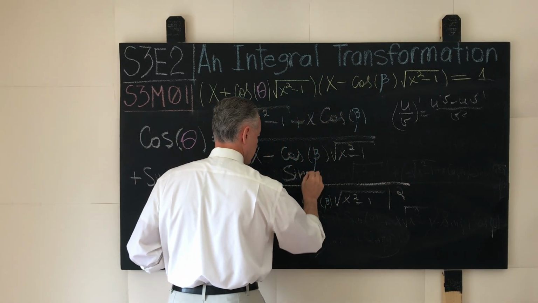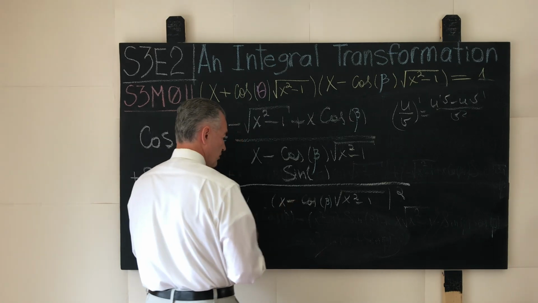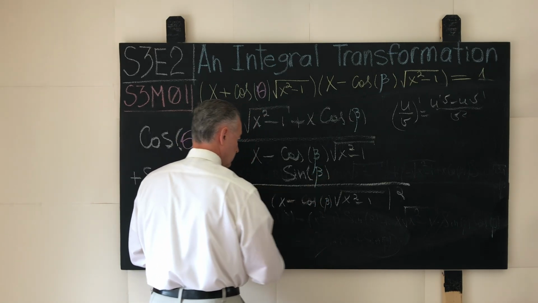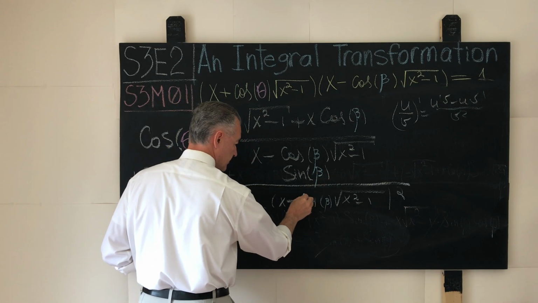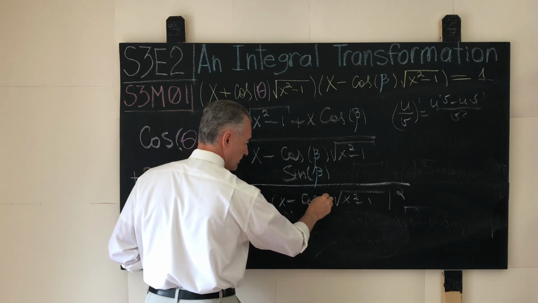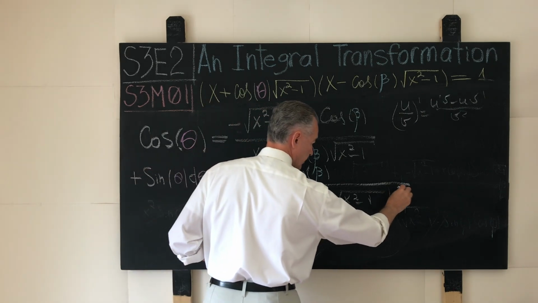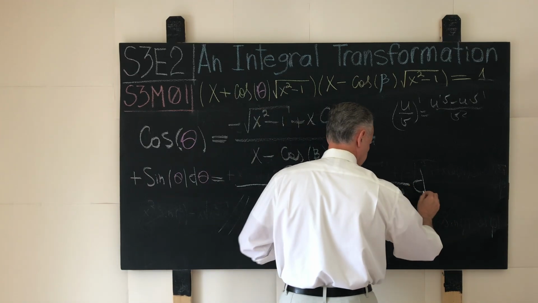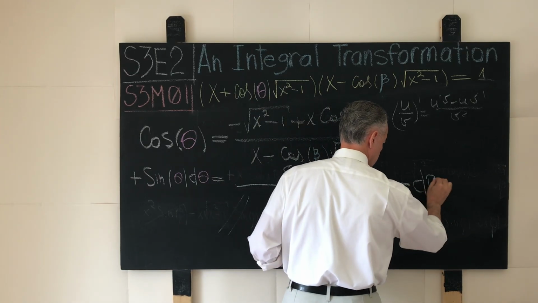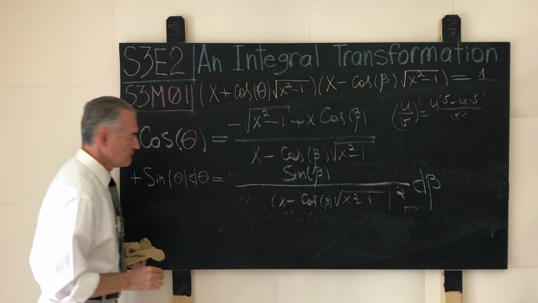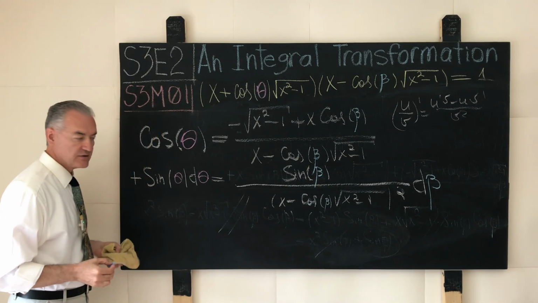The trigonometric function of sine evaluated at the angle beta over x minus cosine of beta times this squared d, that's the first differential of beta. So far so good. Again, nothing complicated.